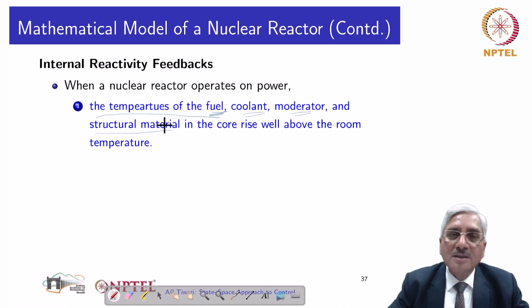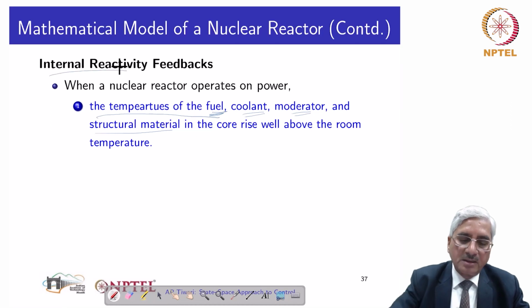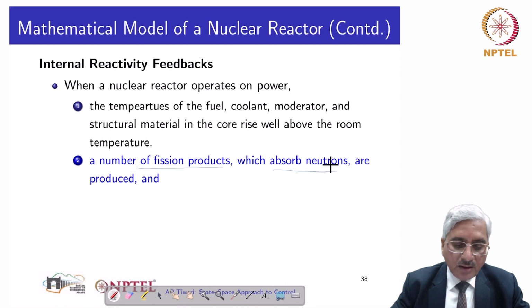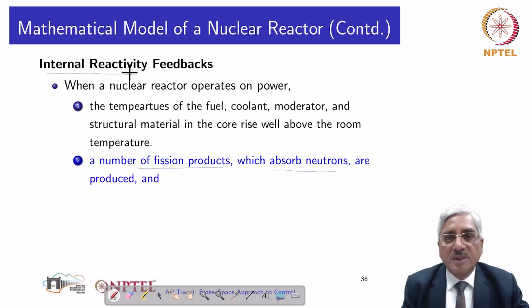Because of the change in temperature, the absorption characteristics differ, and that generates internal feedback. Similarly, many of the fission fragments are neutron absorbers. Not all, some will not absorb, but some will, and they again introduce some kind of internal reactivity feedback.